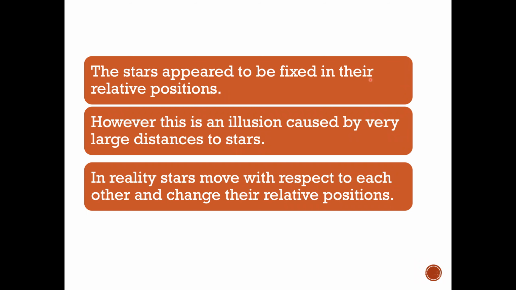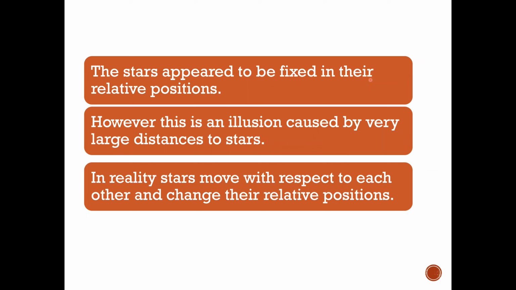Now, when you look at the stars up in the sky, they appear to be fixed in their relative positions, right? So that is what you can normally observe. However, this is an illusion caused by the very large distances to stars, right? So that is not true.